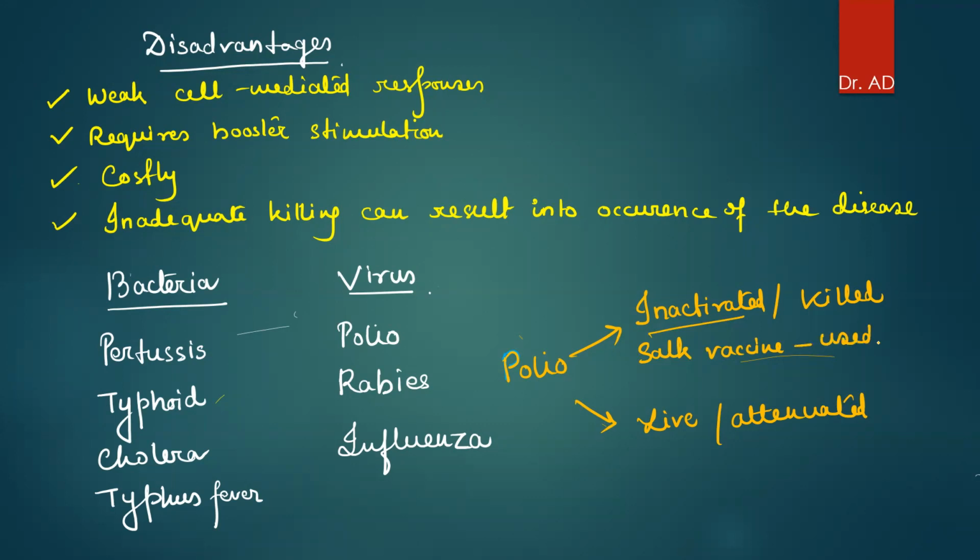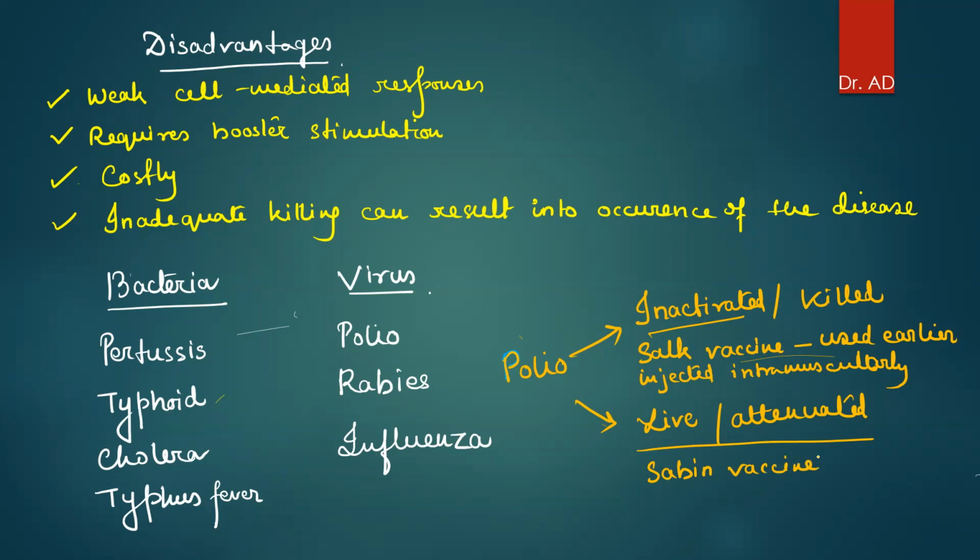Remember this, used earlier and injected intramuscularly. Fine. And the live attenuated one is the Sabin vaccine. The Sabin vaccine is the one which is presently used.